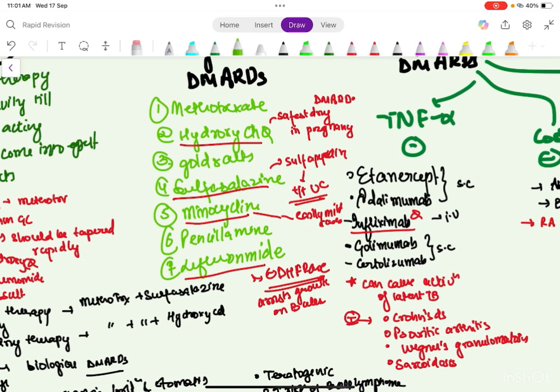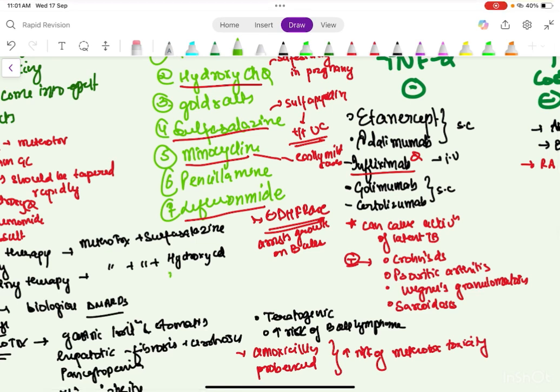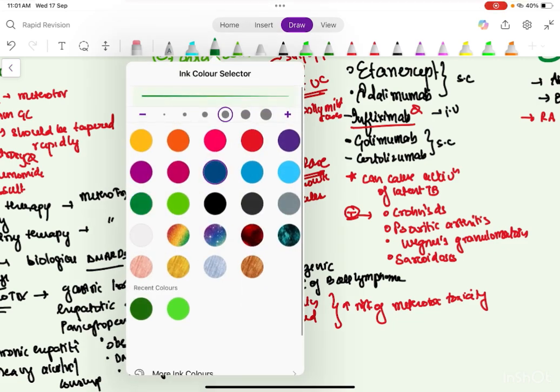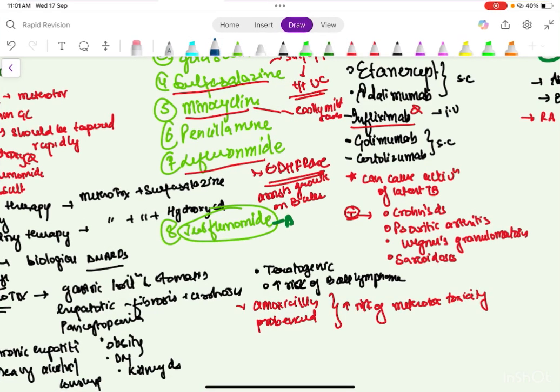Then one more drug in this is teriflunomide. For this drug, you can remember that this is also a DHODH inhibitor. This is also used in treatment of relapsing multiple sclerosis.